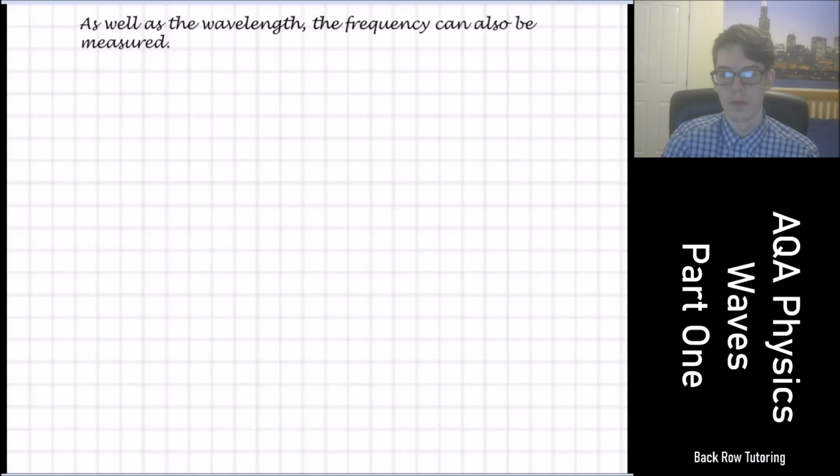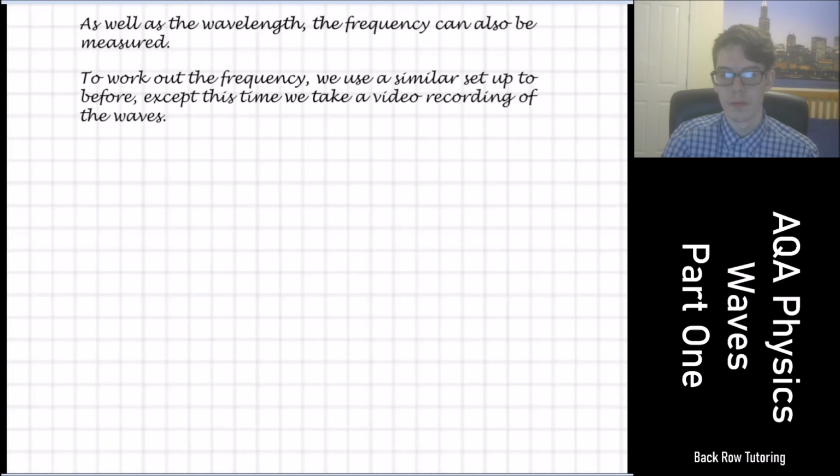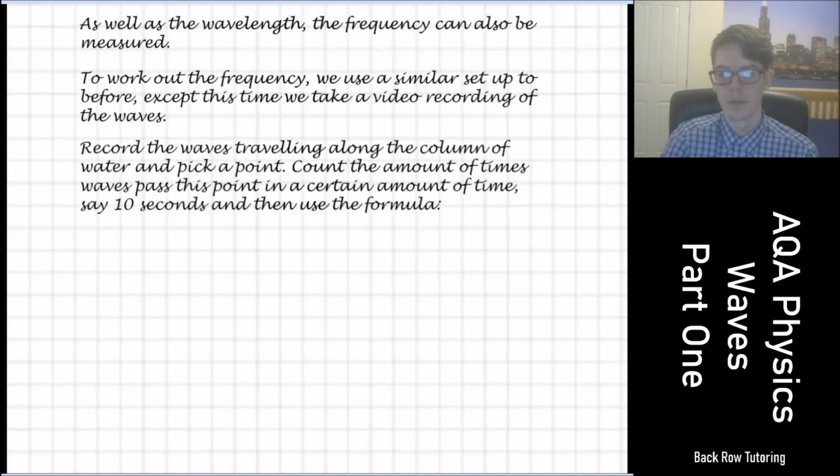As well as the wavelength, the frequency can also be measured. To work out the frequency, we use a similar setup to before, except this time we take a video recording of the waves. Record the waves travelling along the column of water and pick a point. Count the amount of times waves pass this point in a certain amount of time, say 10 seconds, and then use this formula.